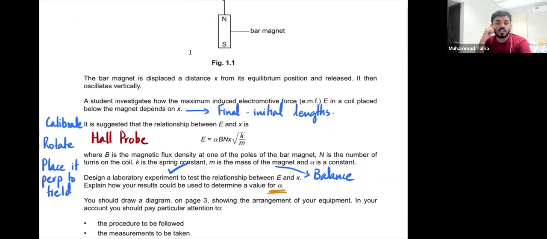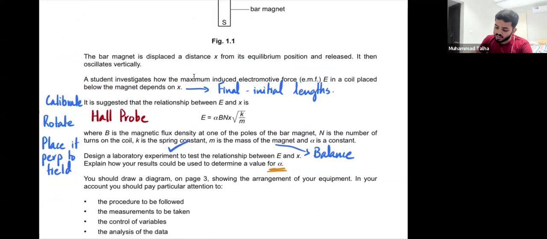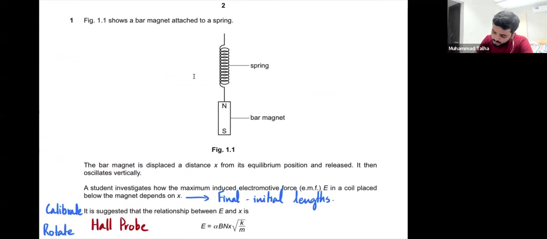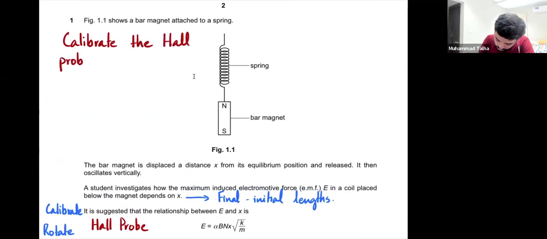Regarding calibration of the Hall probe, you just need to say that you should calibrate the Hall probe with a known magnetic field.